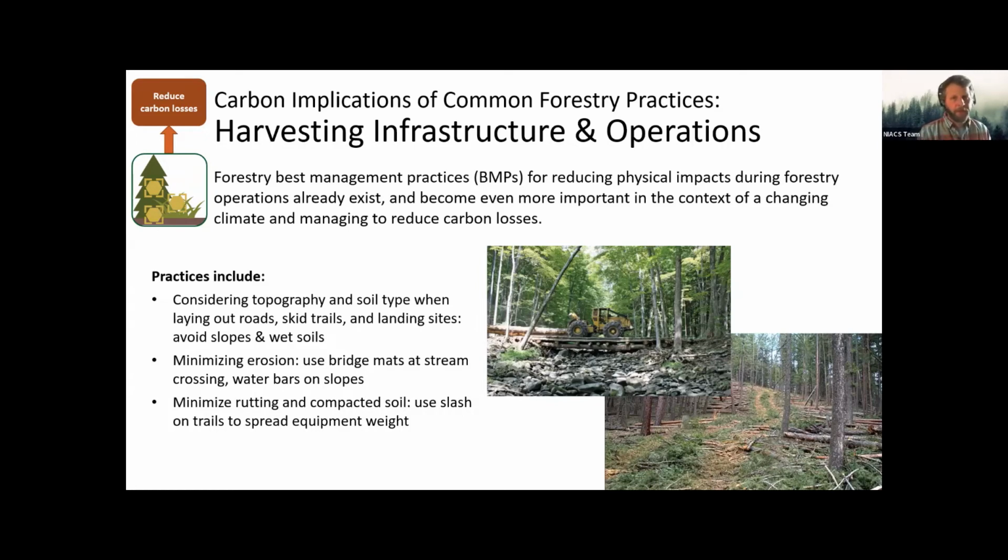So some of those things include temporary stream crossings, if you're doing non-winter harvest, retaining slash to reduce soil impacts or soil compaction, even using things like timber mats to achieve the same benefit of reducing rutting or compaction, reducing soil carbon losses through erosion.